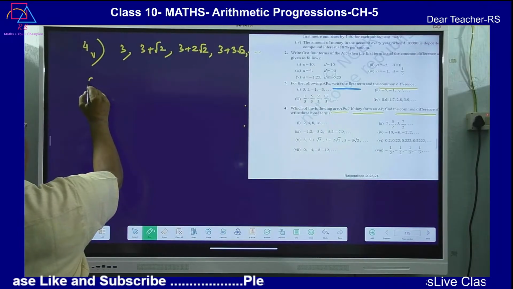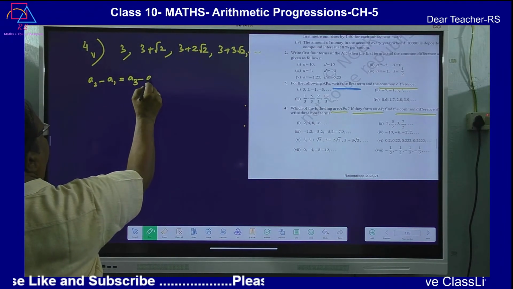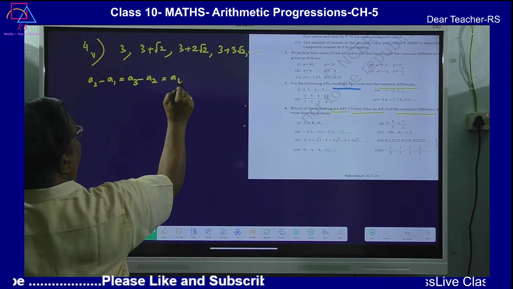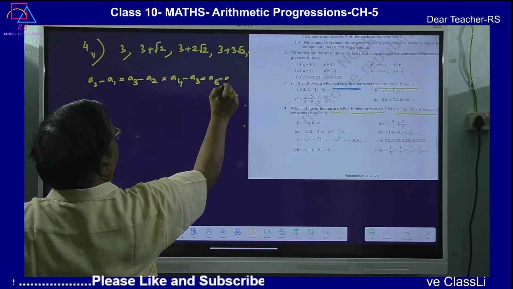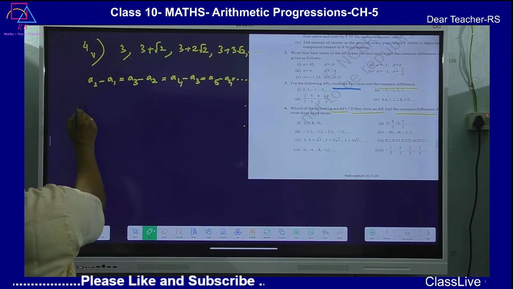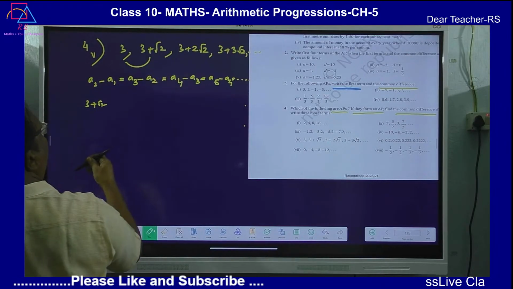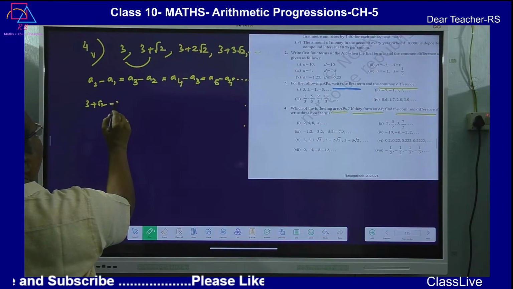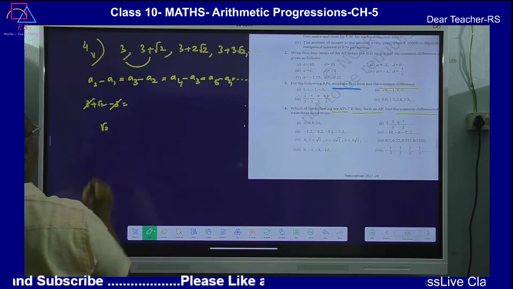So we have to say a2 minus a1 is equal to a3 minus a2 is equal to a4 minus a3 is equal to a5 minus a4 and so on. So 3 plus root 2 minus 3, the 3 gets cancelled, root 2.